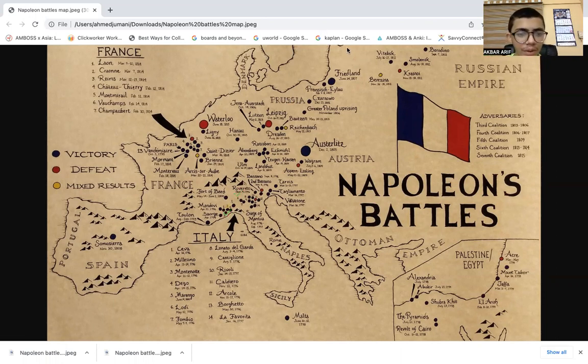Now, we have discussed the first two coalitions, right? So what happened after these first two coalitions? This was France. Then this was France a little, we could say. They have added some Netherlands sister states.